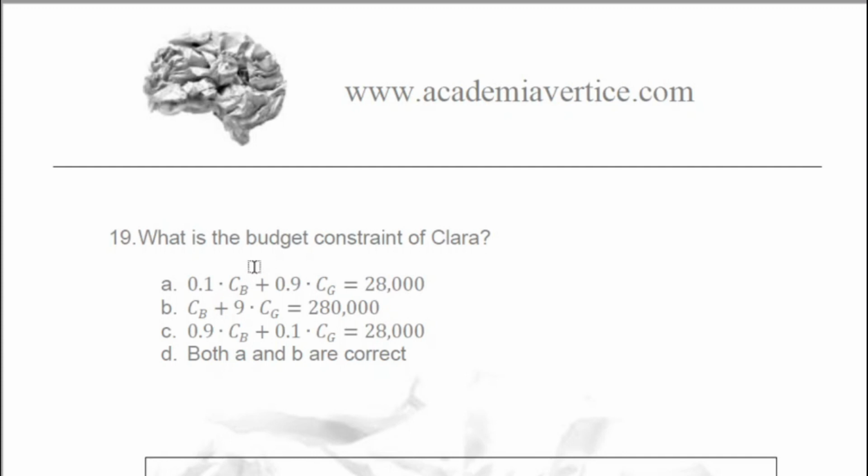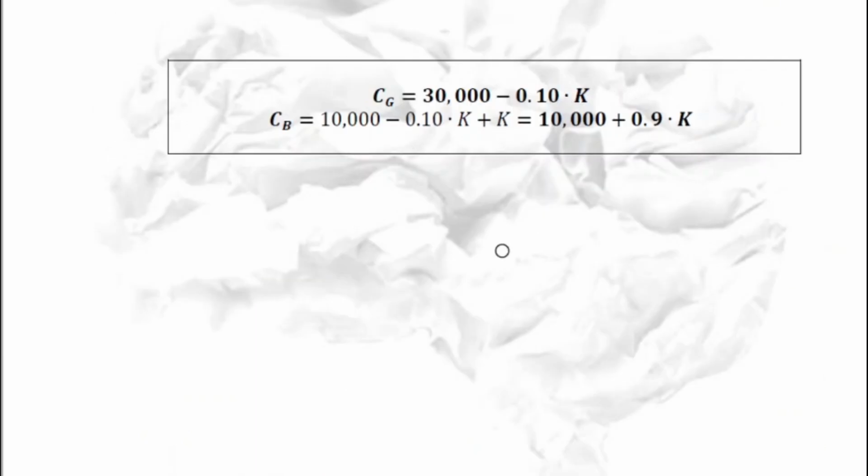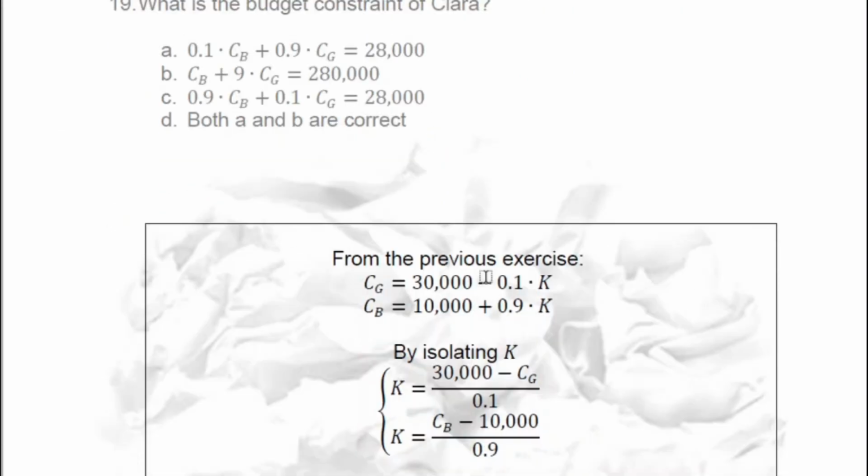What is the budget constraint of Clara? You have two ways here. You have a trick that I don't like very much, and we have the opportunity to solve this system of equations just by equalizing the K's. So from the previous exercise, the 18th, if we isolate K here, we find this, and if we isolate K here, we have this.